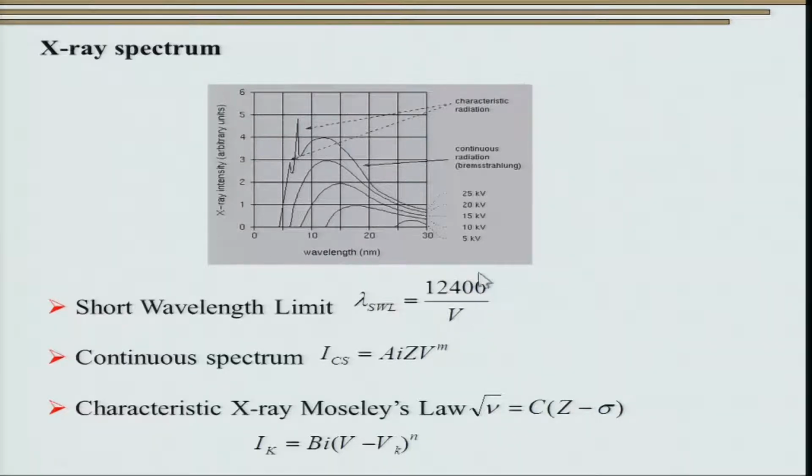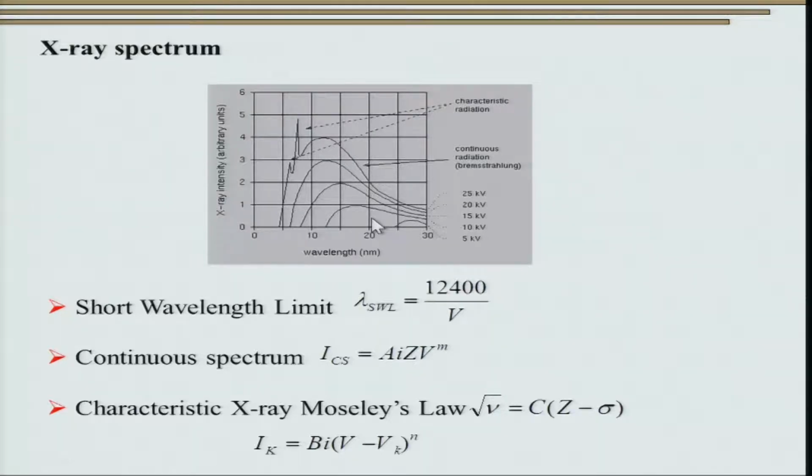I hope you remember that this formula is obtained by doing an energy balance between the kinetic energy of your electrons and the energy of the X-ray that is expected to be emitted. Another important thing is, as we increase the voltage, we do get a continuous spectrum.